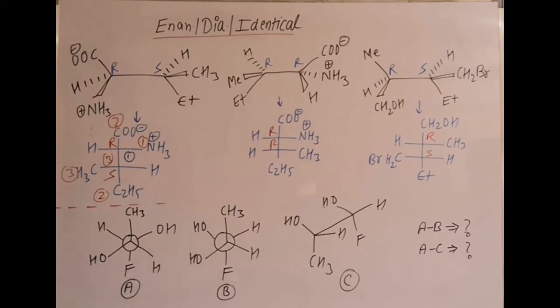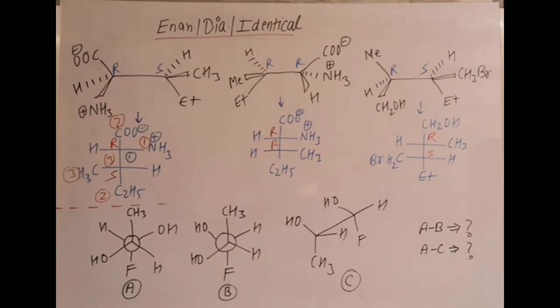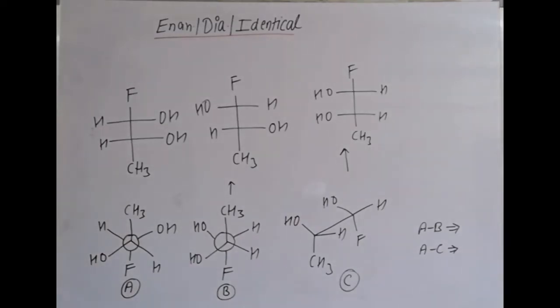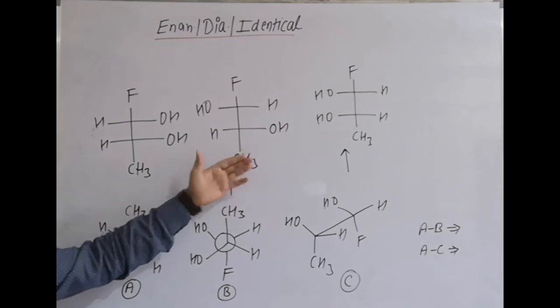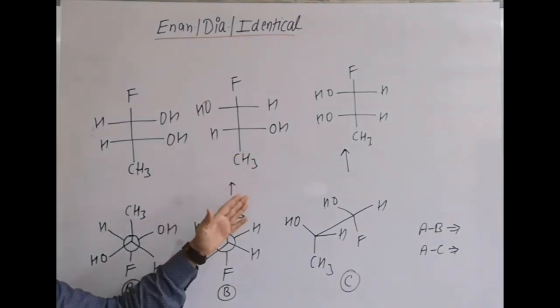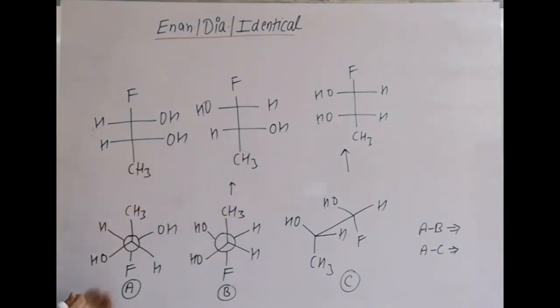So find out their relationship, A with B and A with C. Firstly we convert into Fischer. How do we convert? We already did this in the initial part of this video: we always try to rewrite Newman from the staggered form into the eclipsed form, and we write the eclipsed form in the Y form. You can use other methods also, but here we are following the Y form.